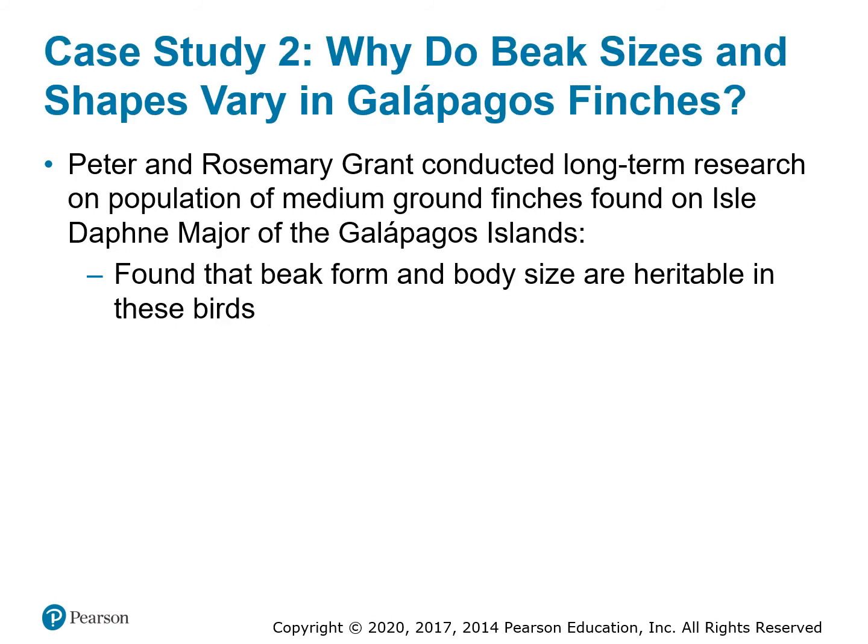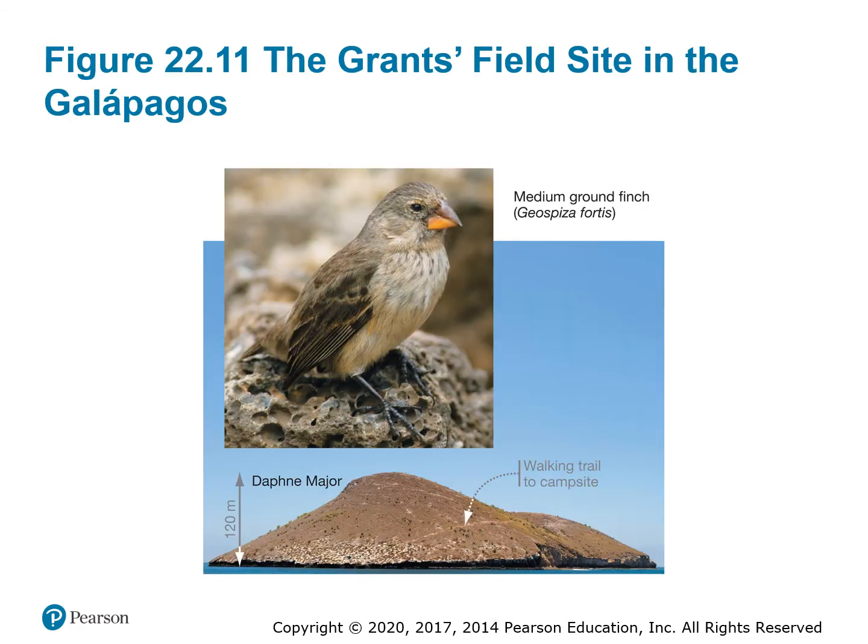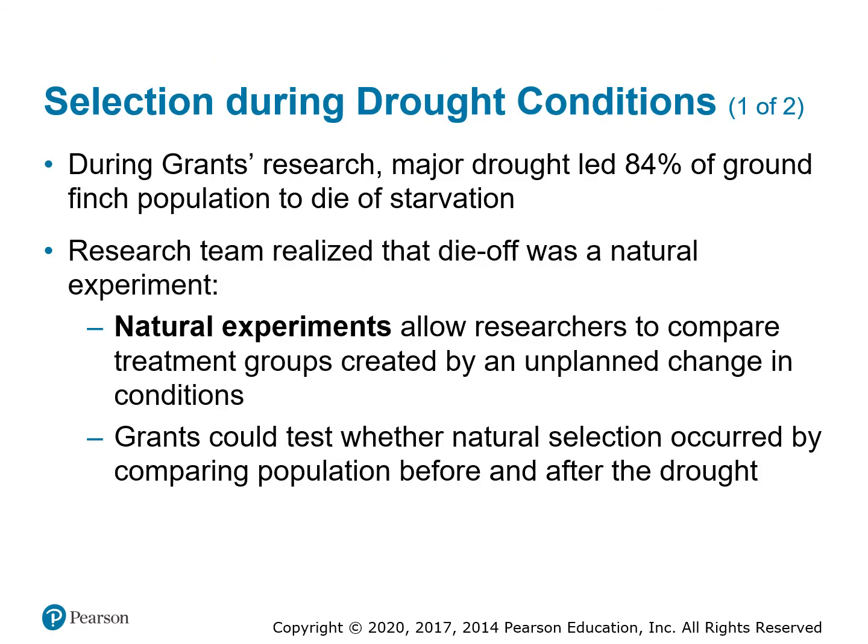And then we have a second case study where the Grants were conducting a long-term research experiment on the population of ground finches in the Galápagos Islands. They had already found that the depth and size of the beak had a genetic component to it. During the middle of their studies, there was a drought that killed off about 84% of the birds by starvation.